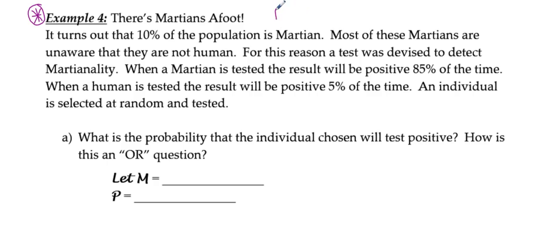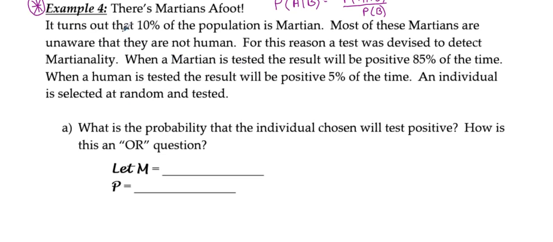What you want to remember is the formula for conditional probability. So the probability of A given B is equal to the probability of A and B divided by the probability of B. Right, so please make sure you know how to do this question.